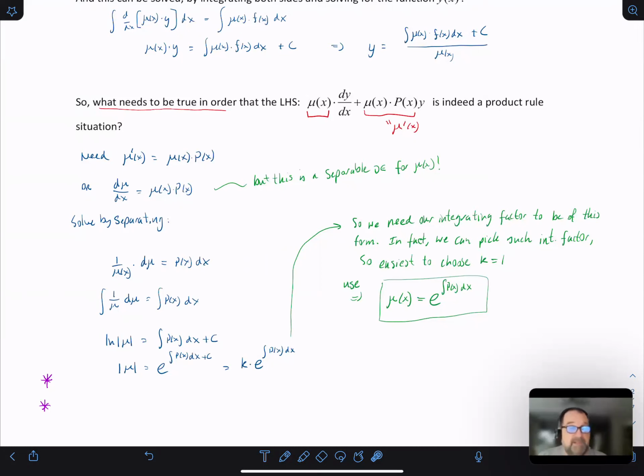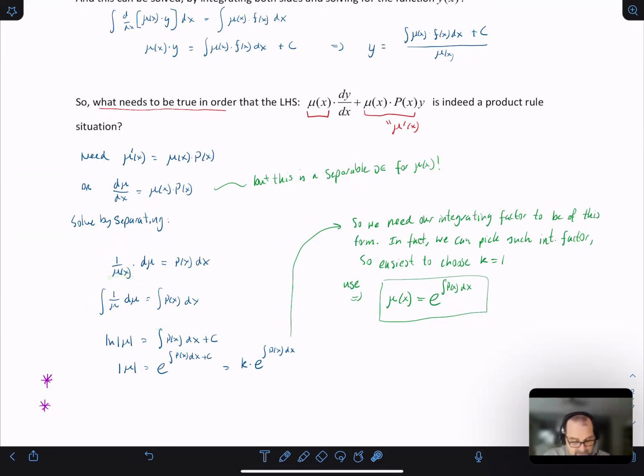But that is just a differential equation to solve, which is kind of ironic. This is just solving a differential equation in order to find this mu of x. This differential equation happens to be separable. If you look at it as d mu dx is mu times p, then we can separate it and integrate on both sides.